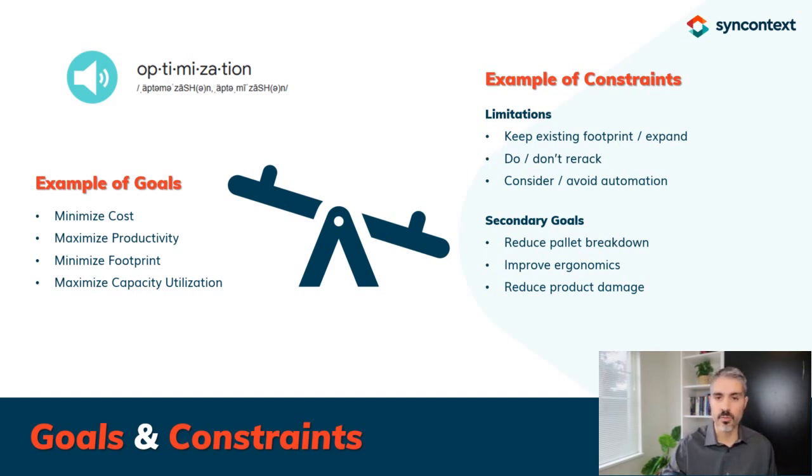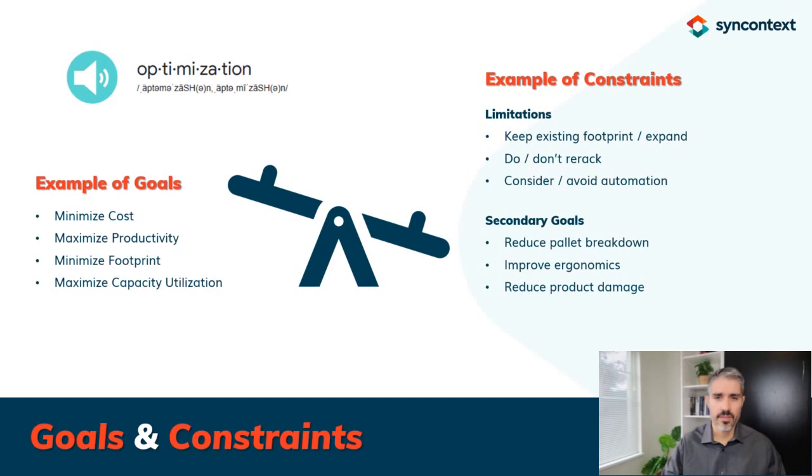Also, should we stay within the existing footprint, or can we expand? Or even if we're considering any conventional versus automated alternatives. So those are the constraints. And we can get into details of ergonomics, of the golden zone when we're talking about slotting, or even if we want to keep certain product out of certain areas. So those are the two main things of optimization.